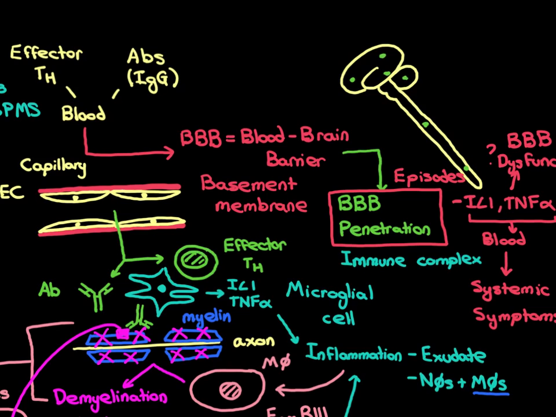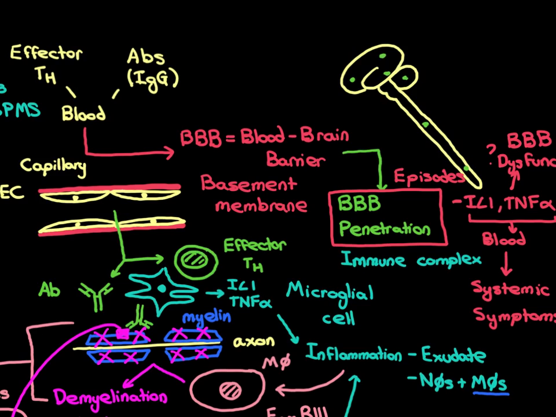And in those regions where you get the blood-brain barrier penetration, that's where you will then get white matter lesions forming. So without an episode of blood-brain barrier penetration in regions of the central nervous system, you are not going to develop any white matter lesions, and therefore you are not going to develop any clinical disease.